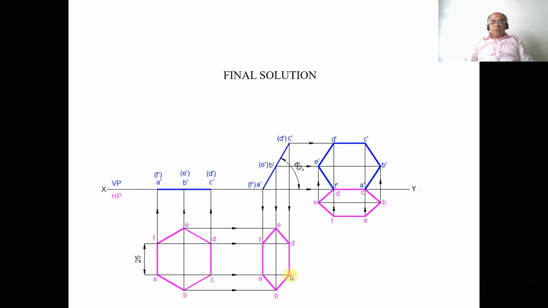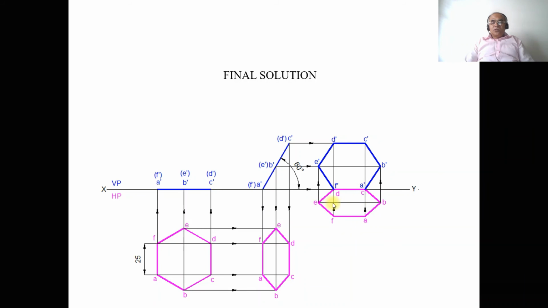By using the compass, you measure the distance from C to D in the second position top view, take any convenient distance, and mark this point as C and D. From C you draw a vertical line below the XY line, and similarly from D also. Then you measure the distance from C to this point, which is the same as D to this point, and transfer from here to here and also from this point to here.